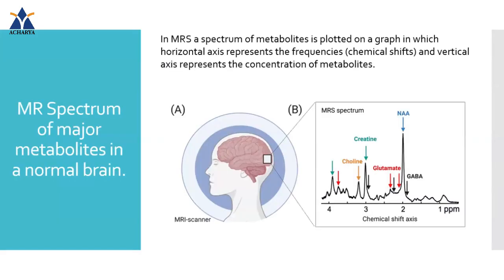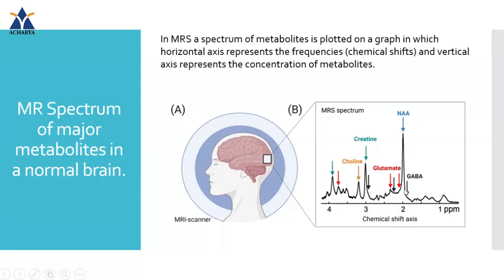So what is MR spectroscopy? It includes a spectrum of metabolites. It is a kind of graph plotted between the chemical shift and concentration of metabolites. The horizontal axis of the graph represents the frequencies, which means chemical shift, and the vertical axis represents the concentration of the metabolite.